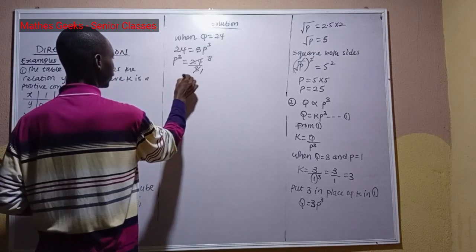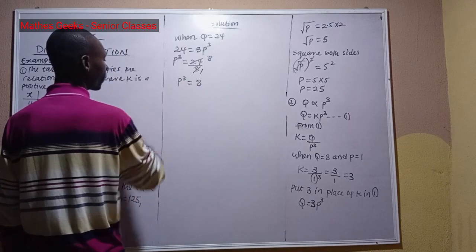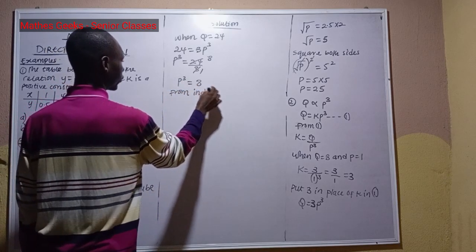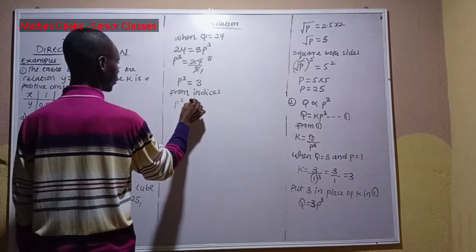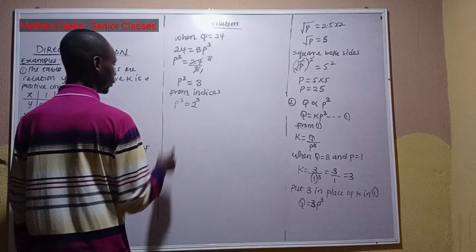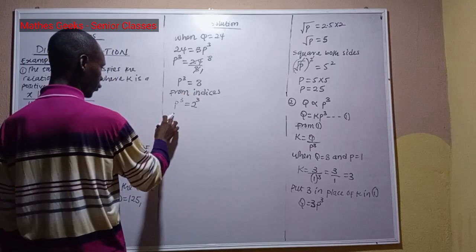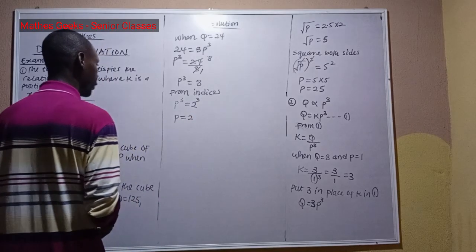So p raised to the power 3 is equal to 8. From indices, p raised to the power 3 is equal to 2 raised to the power 3. Since the powers are the same, then p is equal to 2. The value of p is 2.